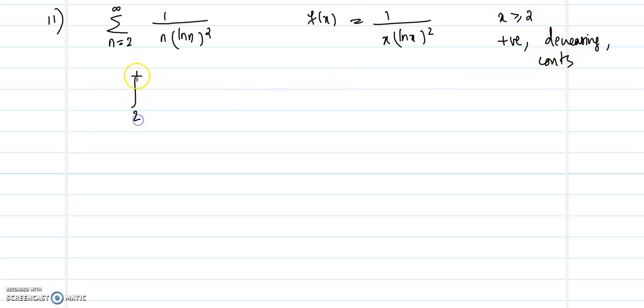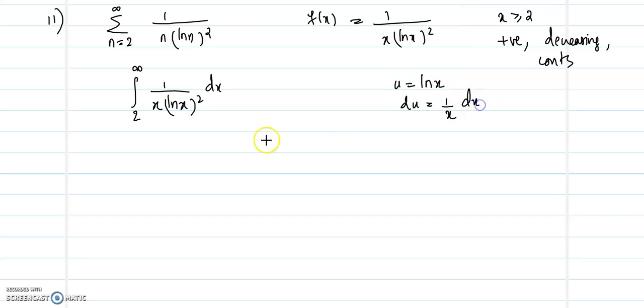So we'll evaluate integral 2 to infinity 1 by x (log x) whole square dx. For this we'll use a substitution u equal to log x. So du will be 1 by x dx.